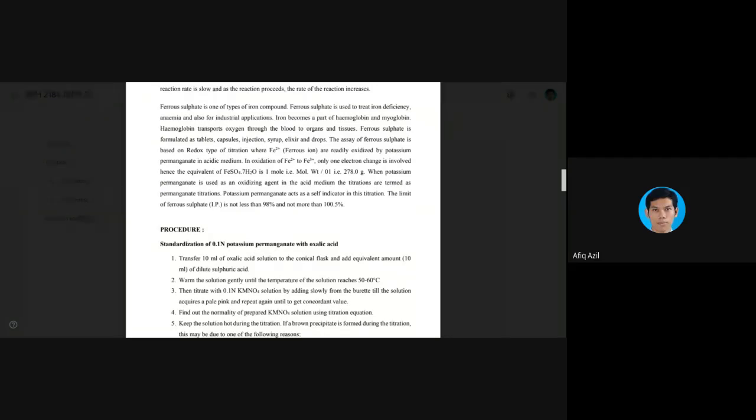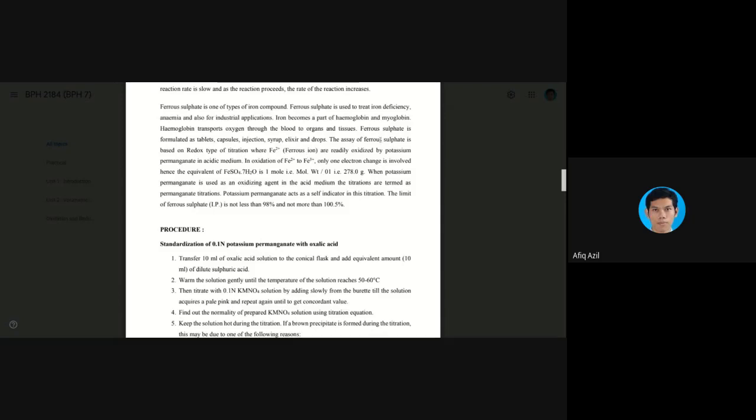Sometimes pregnant women lack red blood cells, so to increase that, doctors may prescribe an iron compound as well. This iron becomes part of the hemoglobin and myoglobin, because in our red blood cells, that's why our blood is red in color, because of the iron 3 plus.